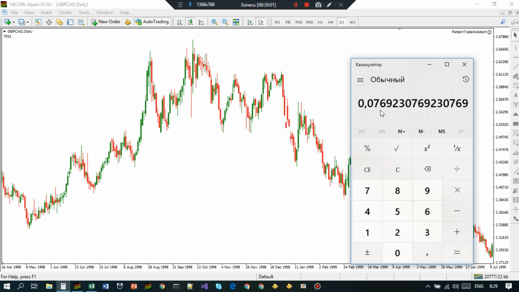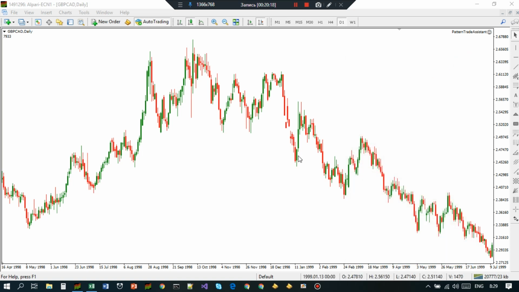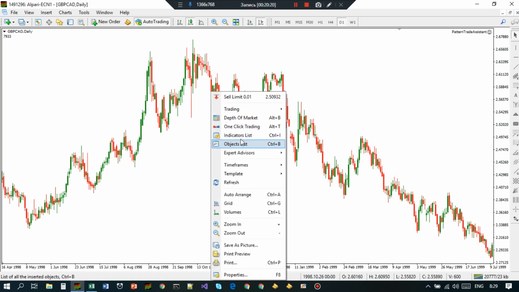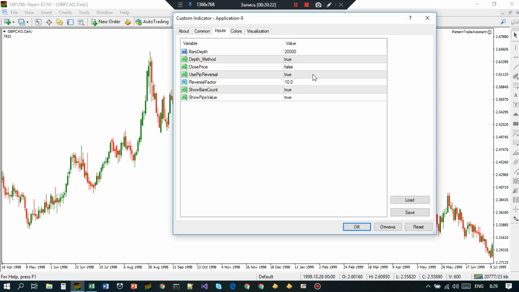So how many bars? No, it's not that. How can I calculate? Multiply 20 years by 260. So total bars 5,000 or less. It is not that many bars.